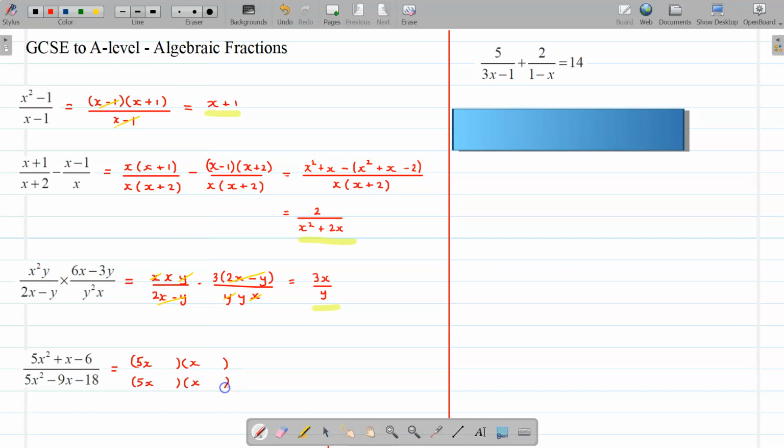Now, what do we need to do to get this to work? Well, we're going to need a 6 and a 1. One of them has to be negative, okay, and it's got to give us the plus in the middle.